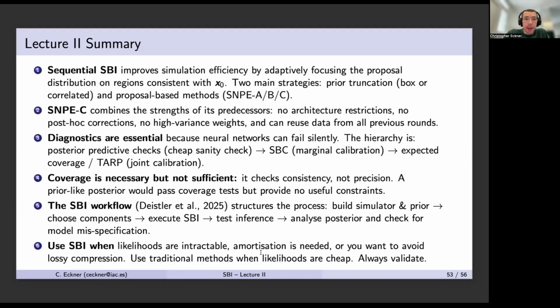Well, there the current gold standard is SNPE-C, which combines kind of the best of both worlds of these proposal-based methods.